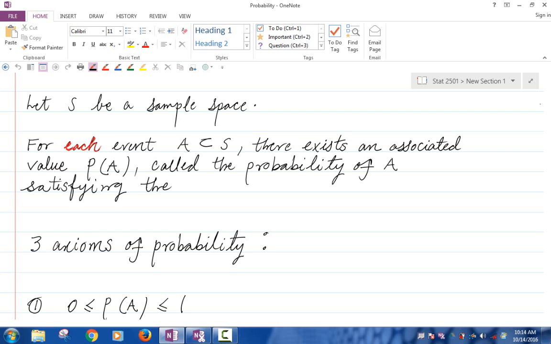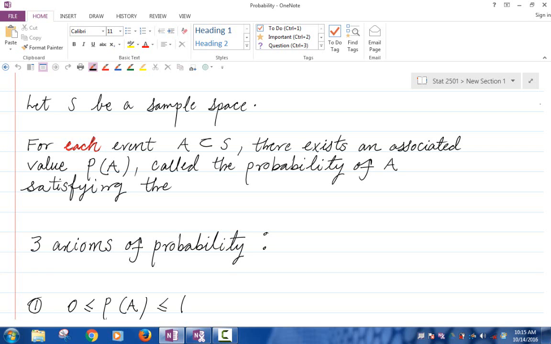Remember, sample space is the collection of all possible outcomes, right? We are going to say that for each event A, remember an event is a subset of the sample space, there exists an associated value, P of A, where P of A is a non-negative real number.